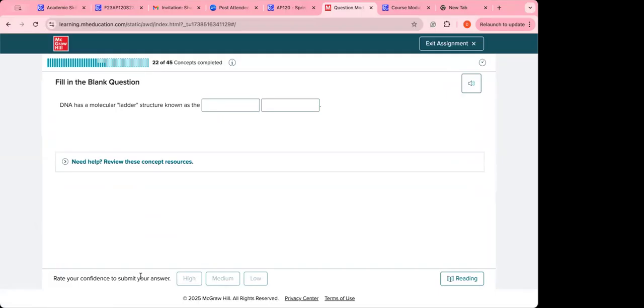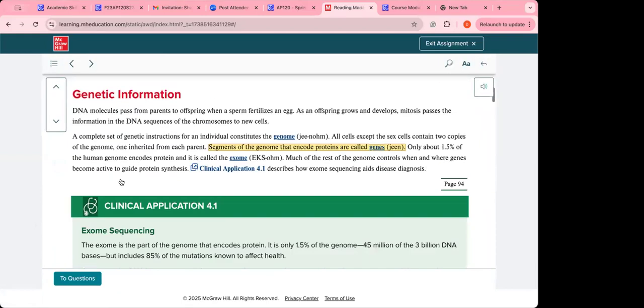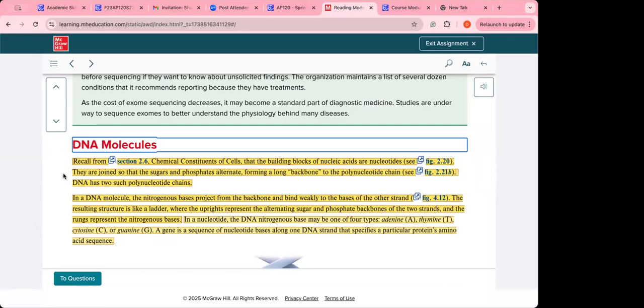DNA has a molecular ladder chain or ladder structure known as the blank. 2 words here. Okay, so let's go ahead and review.